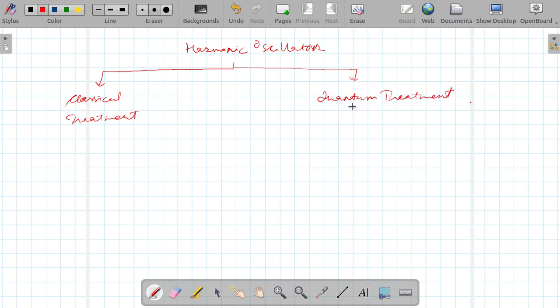And quantum mechanically, we will try to solve this problem by using two different methods. One is the analytic method. Here we will make use of wave mechanics. And another approach is the matrix algebra approach.